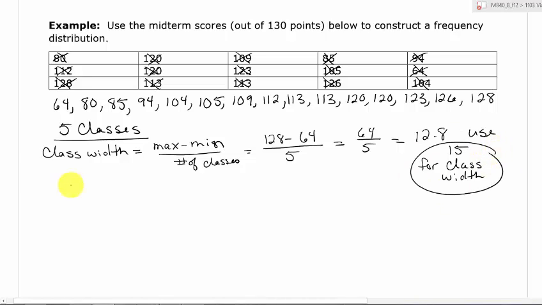Okay, and then when you're creating this, 64 is not a very nice number, so I would say start at 60 instead. So we're going to start this off at 60. And these are midterm scores.